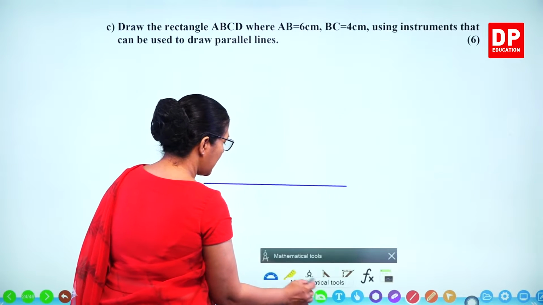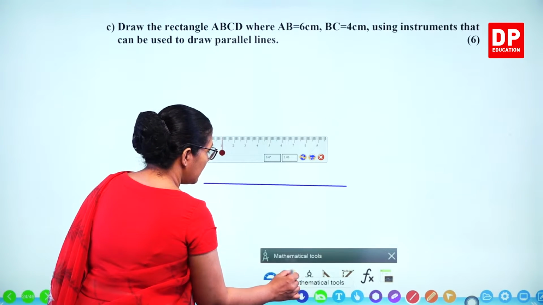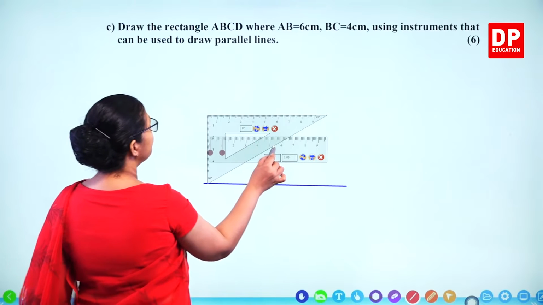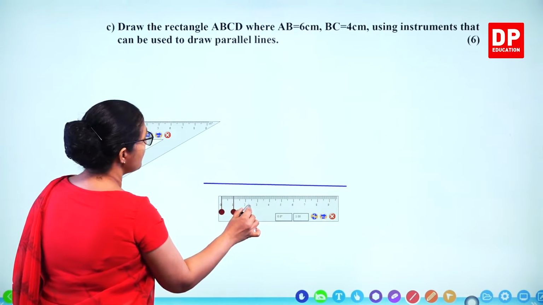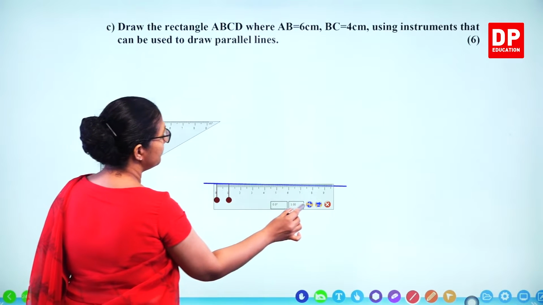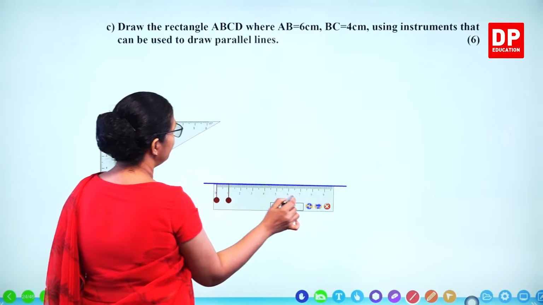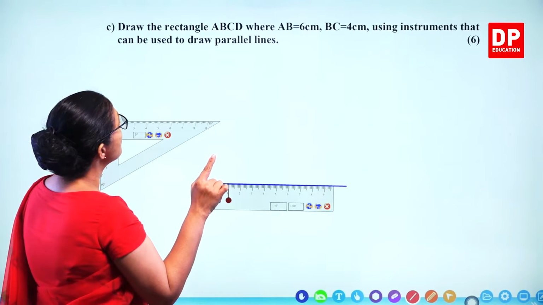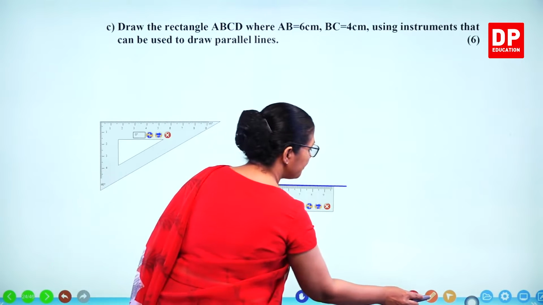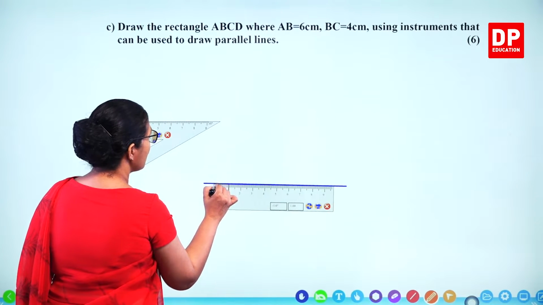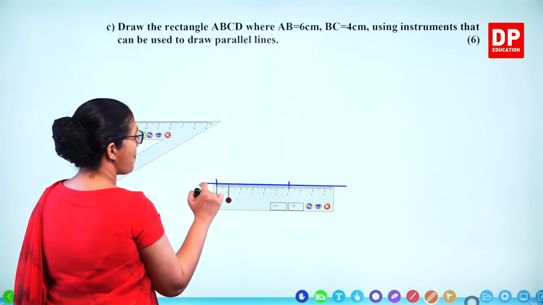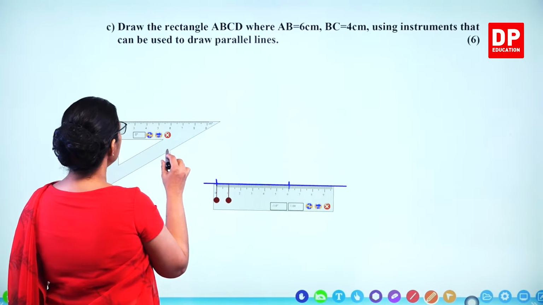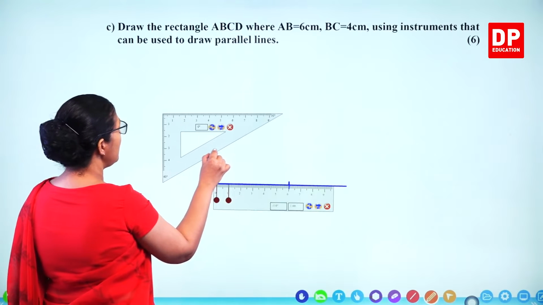Then we can take this ruler and measure. We can measure 6 centimeters first. So starting from here, 6 is here. So that's AB.